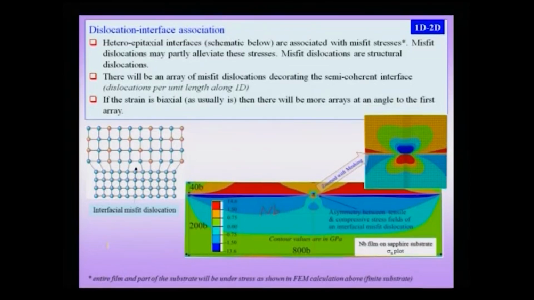Now, this is also called a heteroepitaxial interface because, I have labeled this wrongly, may I stand corrected. So, this is actually the niobium film which is on a sapphire substrate. So, the sapphire substrate, and you can see a schematic of such a system on the left hand side.